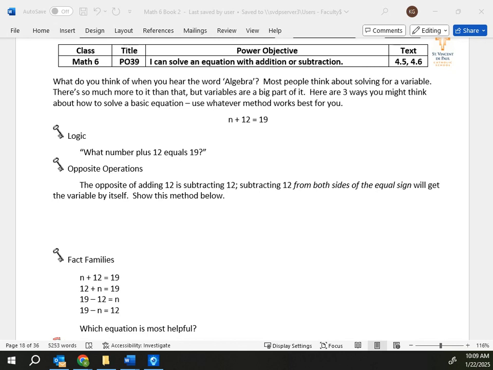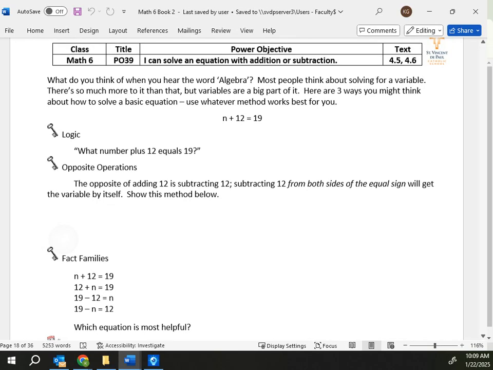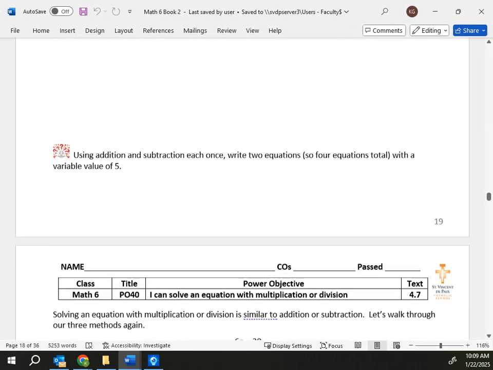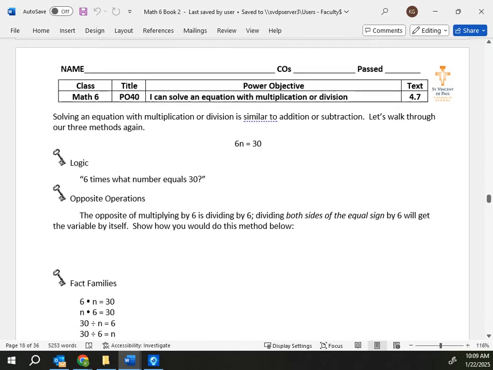Some of us like doing that mental math with the logic problem. Some of us are starting to figure out how to do those opposite operations. Any of those work for these two. So PO 39 is addition or subtraction, and PO 40 was multiplication or division.